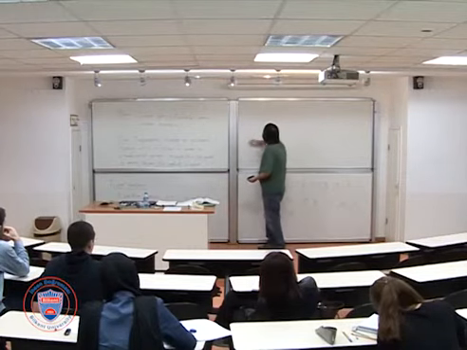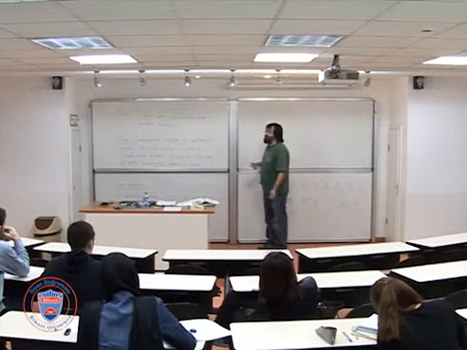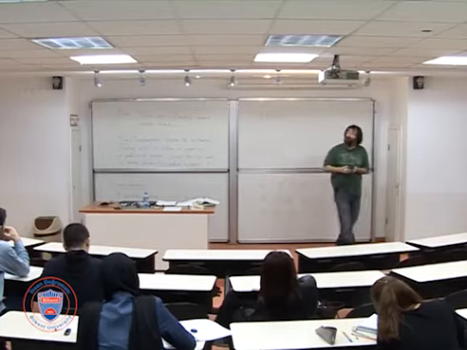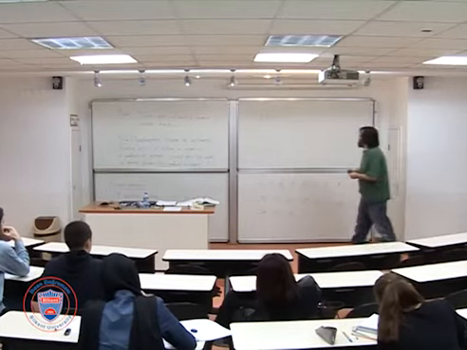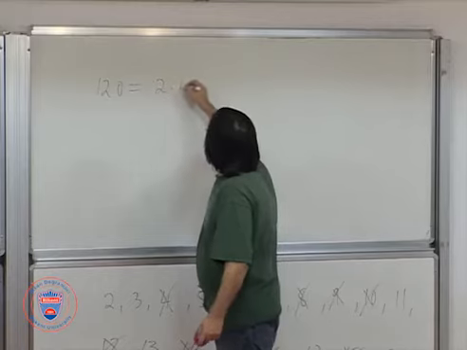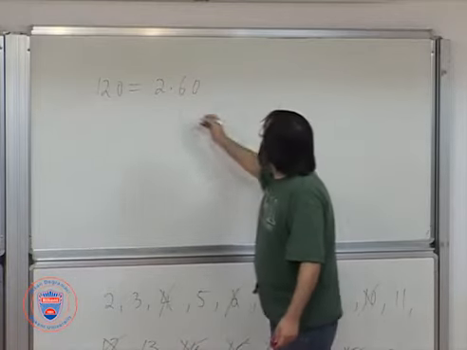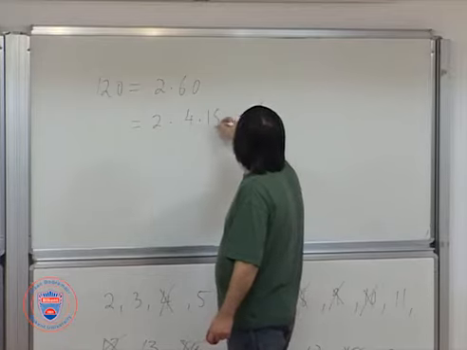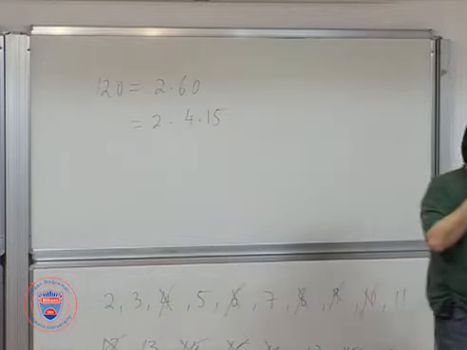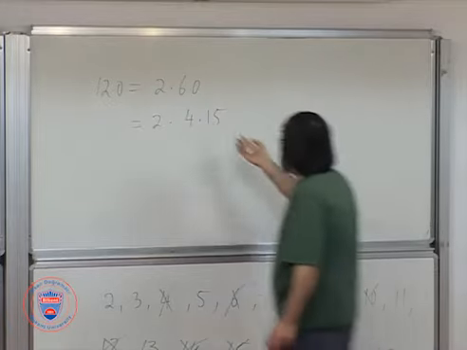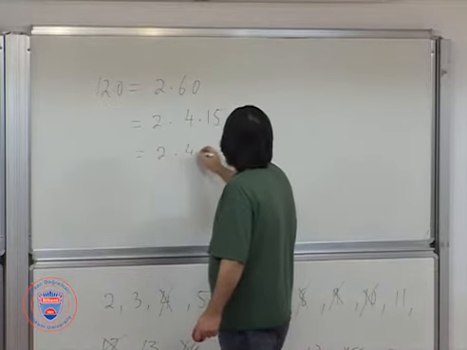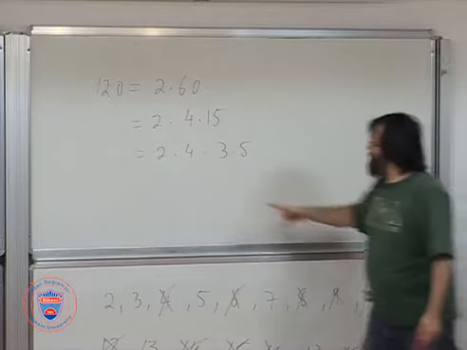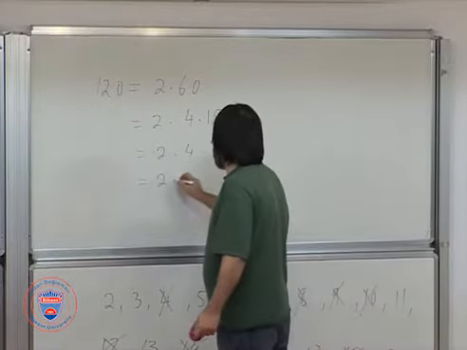Like you can start with 120, for example. You say 120 is 2 times something, right? It's 2 times 60. But then I can say this is 4 times 15. But I know 15 is also written as 3 times 5. And then 4, I can write it as 2 times 2.